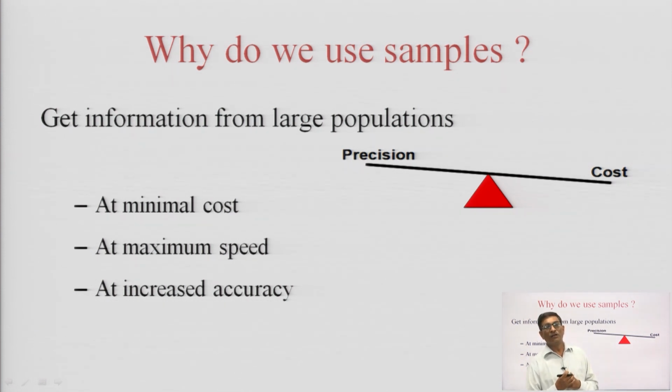So, these are the reasons for sampling, because in any research study we want to minimize the cost, maximize the speed of the study, and also increase the accuracy of the study.